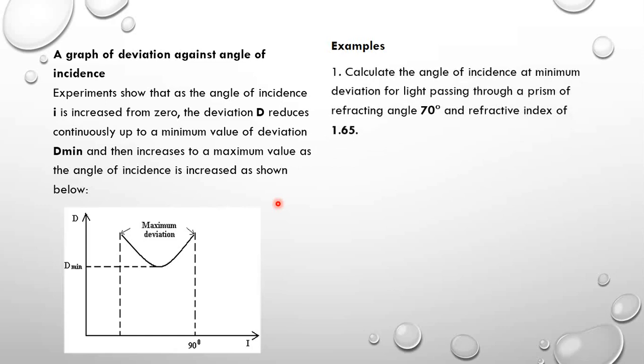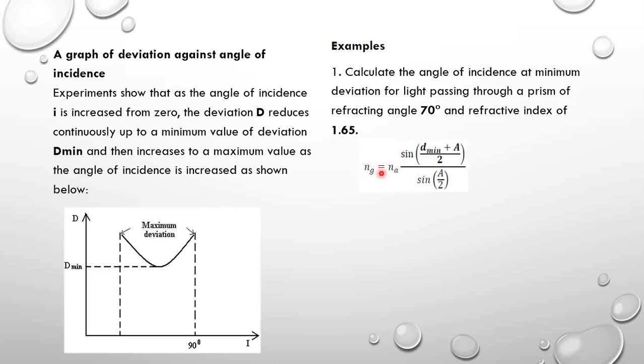Calculate the angle of incidence at minimum deviation for light passing through a prism of refracting angle 70 degrees and refractive index 1.65. Let us apply this formula first of all to get D min, the minimum deviation.